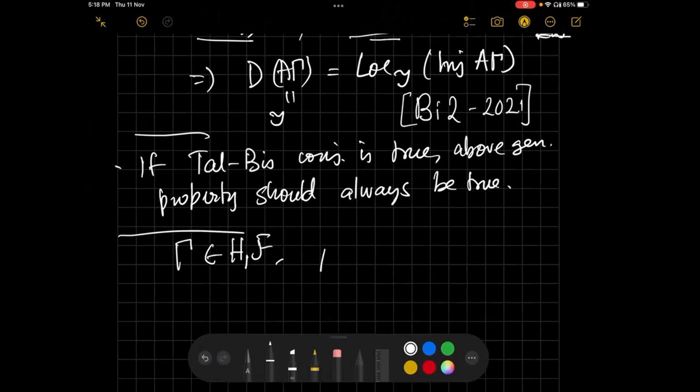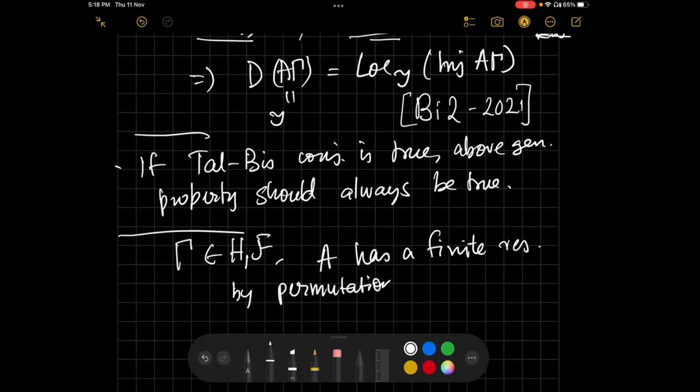Let's say my trivial module is A. A has a finite length resolution by permutation modules with finite stabilizers. And this follows exactly from the augmented cellular complex of the group action on the finite dimensional contractible complex, which is at the heart of the definition of H1F.